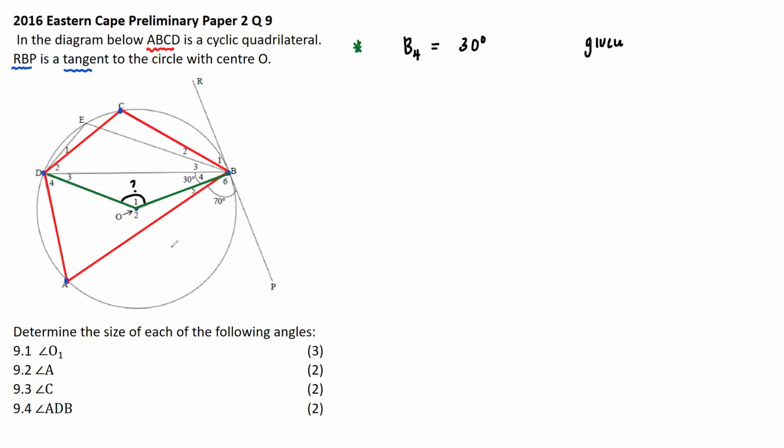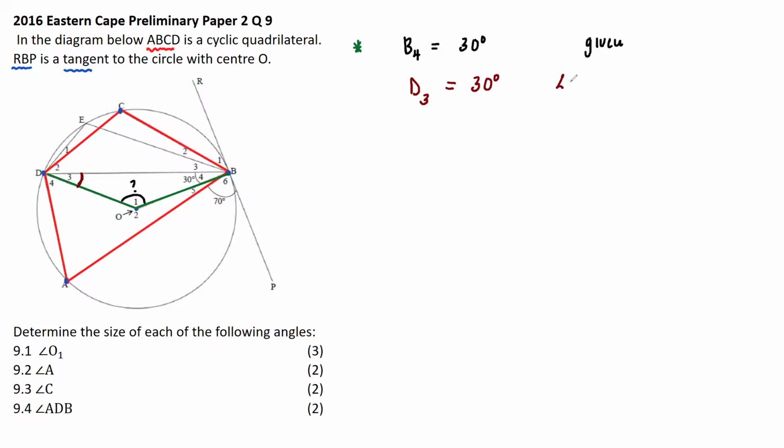But I'm looking for O1. Check this out. The angle D3, there's D3 here. The angle D3 is also equal to 30, and your reason is angles opposite equal sides.